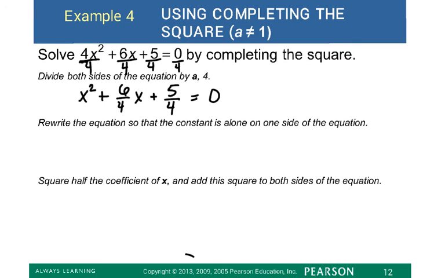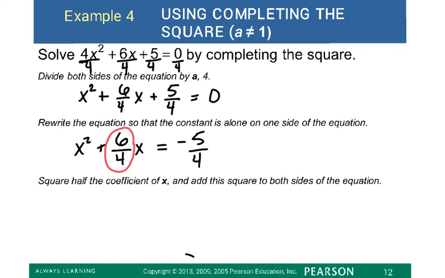Just like in the last example, we want to rewrite our equation in the next step with the constant alone on one side of the equation. That's what I'm going to do next. So we've got to subtract the 5/4 from both sides. And now we're going to take this term right here, divide it by 2 or multiply it by 1/2 and square it.